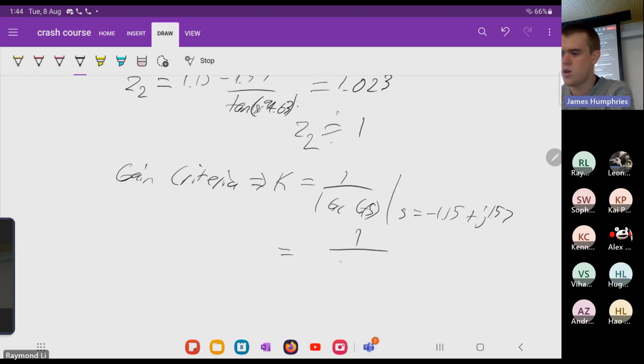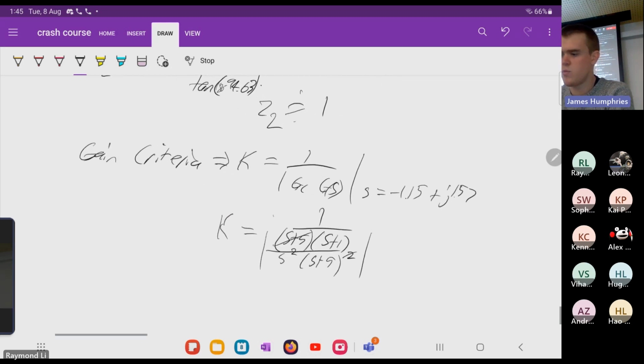Which is equal to 1 on S plus 5, S plus 1, S squared, S plus 5 squared, so that cancels with that. All right, and we say K, which we sub in all those numbers, and we see it's approximately equal to 10.